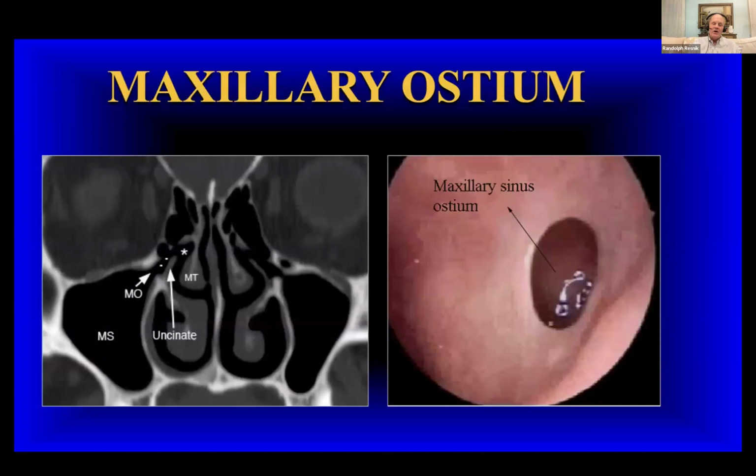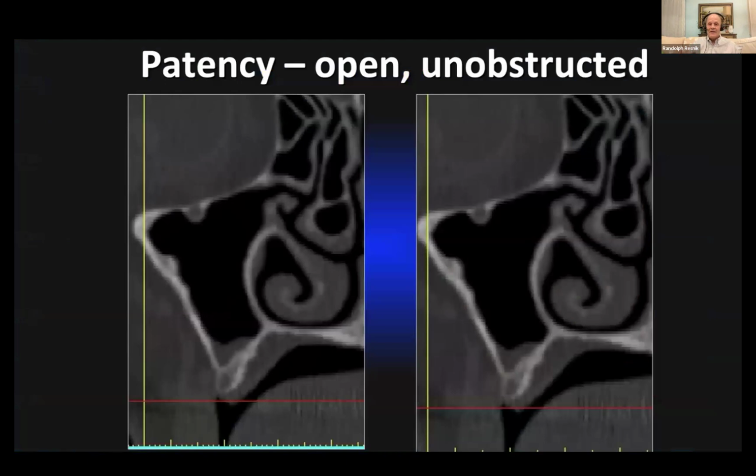Now, why is that? Because we have to determine and verify before we enter into the sinus that the maxillary ostium is patent. As we know, that is the main drainage avenue of the maxillary sinus. And if it is not patent, then our implant and or bone graft is going to get infected or fail.